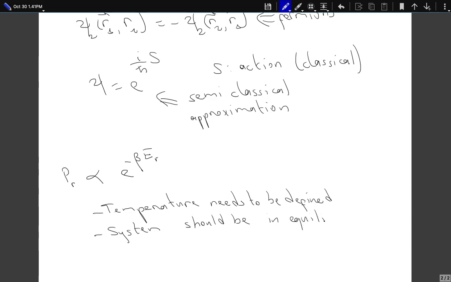But if this system is in equilibrium, can we always define temperature? Well, that is one definition of equilibrium, one necessity of equilibrium. When the system equilibrates, the whole system has a temperature. Okay, so when can we use that probability?